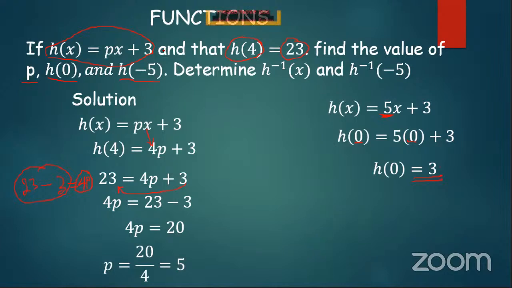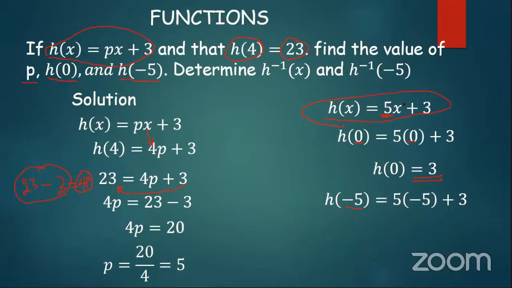Okay. So let us go through that. From h of x, which is 5x plus 3, h of negative 5: where there is x, we are going to substitute a negative 5.